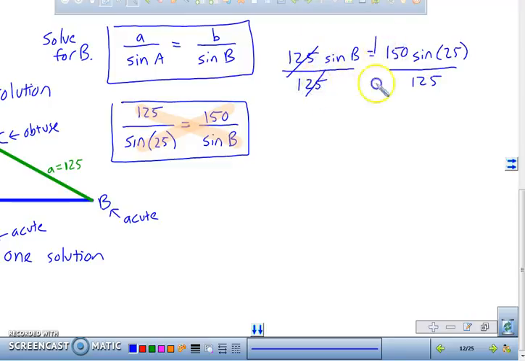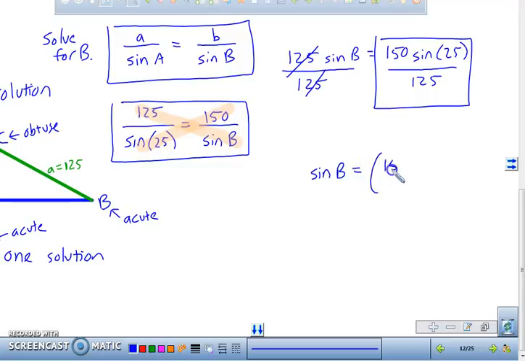These will cancel out, and this is what the sine of B, which represents the angle, is equal to. So I'm going to write the sine of capital B is equal to 150 times the sine of 25 all over 125. Now everybody, this right here will equal some decimal.